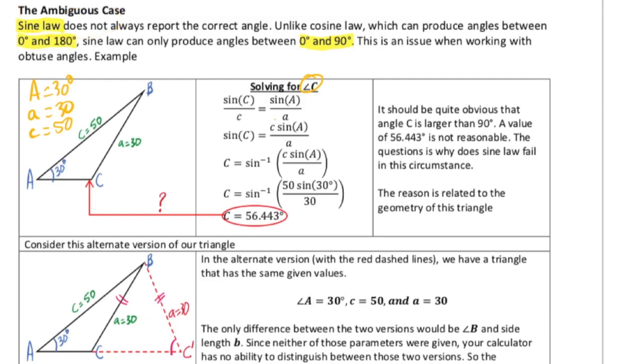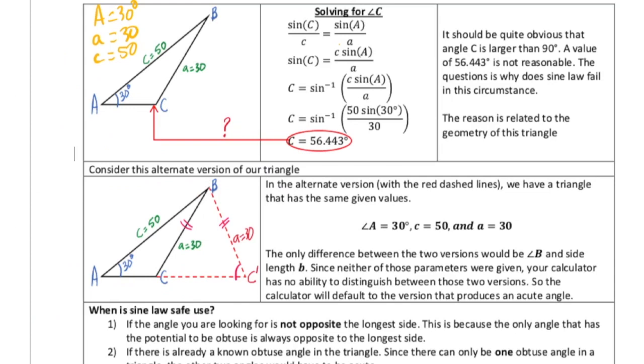When we talk about it being ambiguous, the problem is what your calculator, quote unquote, sees versus what you are seeing. Your calculator doesn't actually see the picture of the triangle. Your calculator only sees these numbers here specifically. So I'm going to draw you an alternate looking triangle that actually has all the same specifications as our original. So let's take a look here.